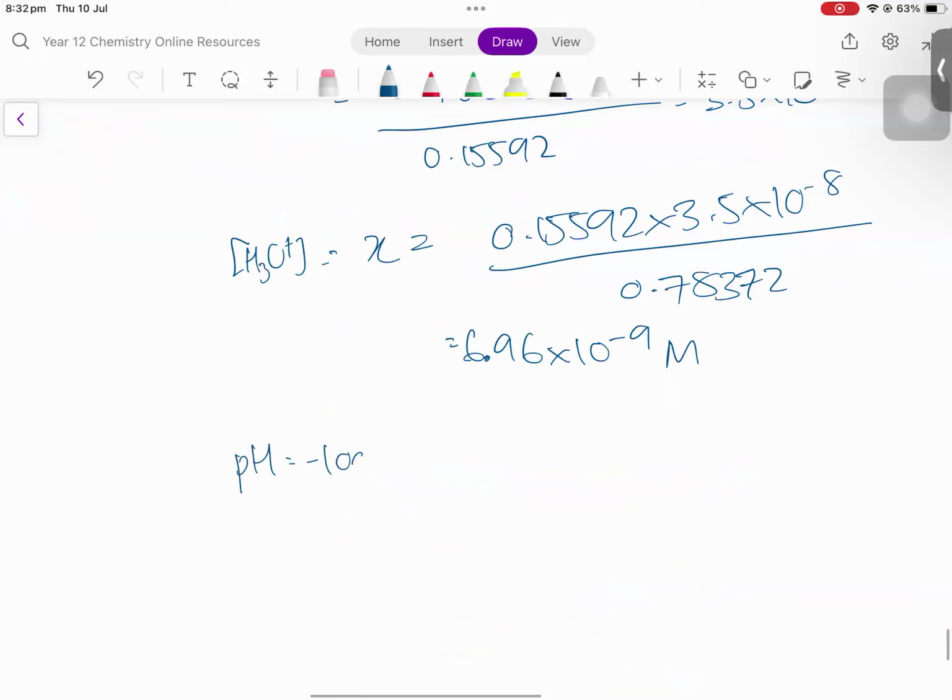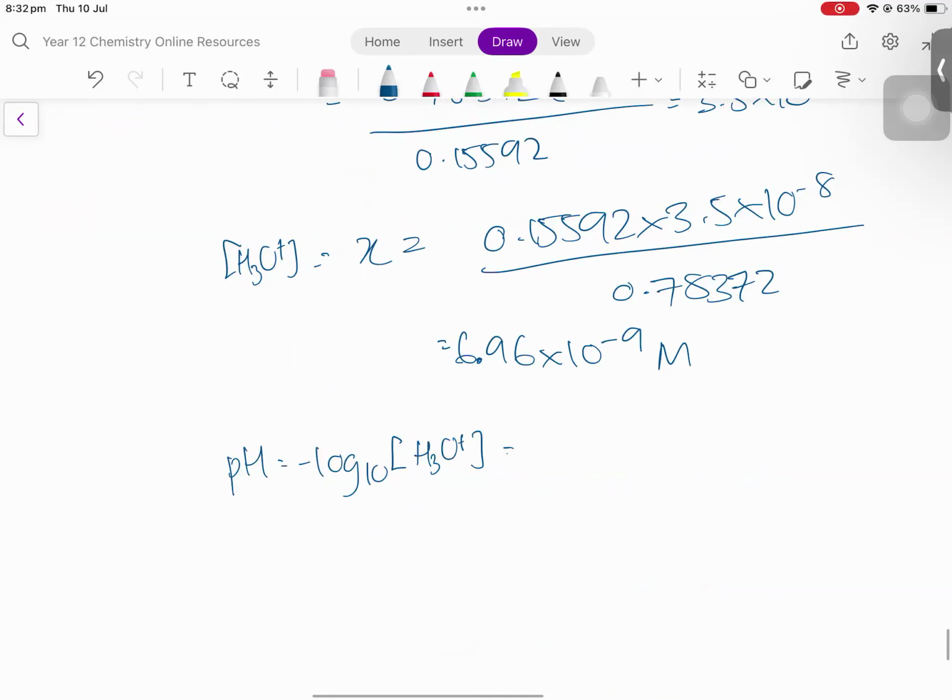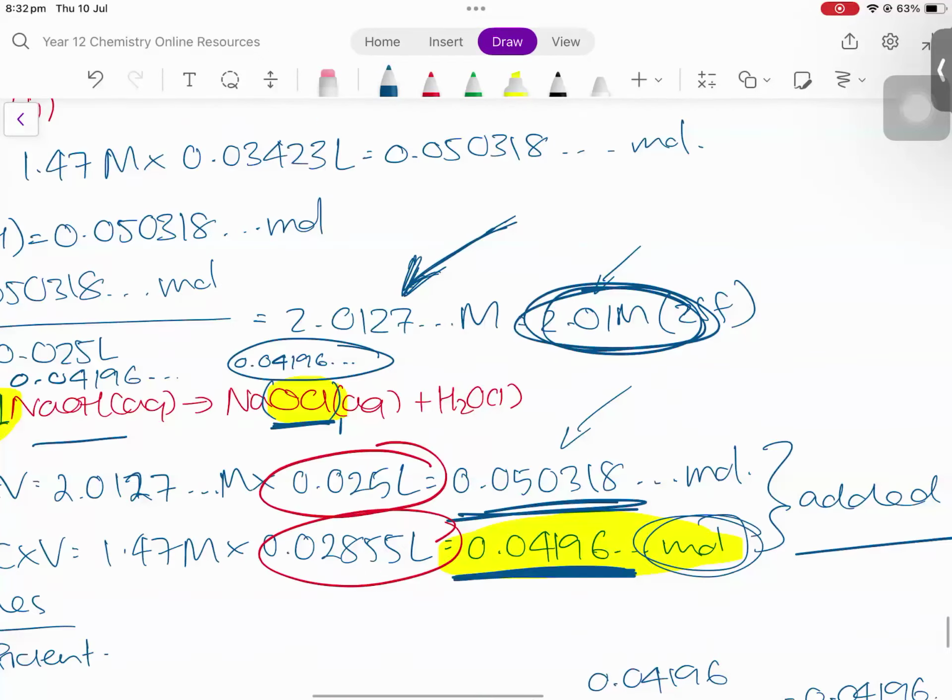So pH is negative log base 10, H plus or H3O plus, same thing. And what do you get for pH? 8.1571.